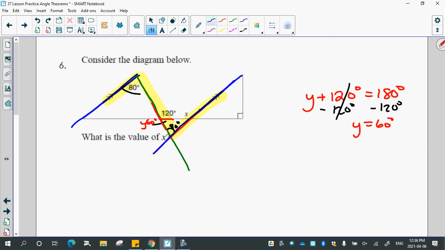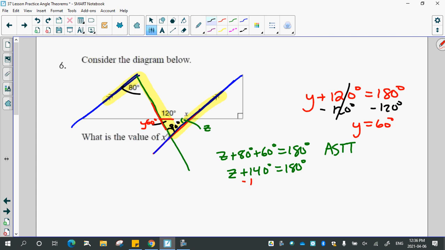The Z gives me this angle here, right? I've already used Y, X is already in the picture, so this angle here is going to be Z. So Z plus 80 plus 60 is 180 by the angle sum triangle theorem. So that gives me 40 degrees for Z.